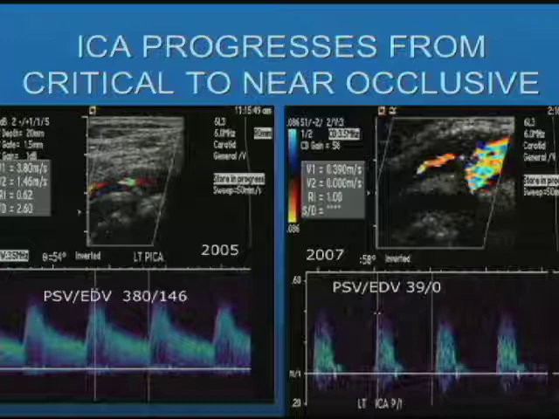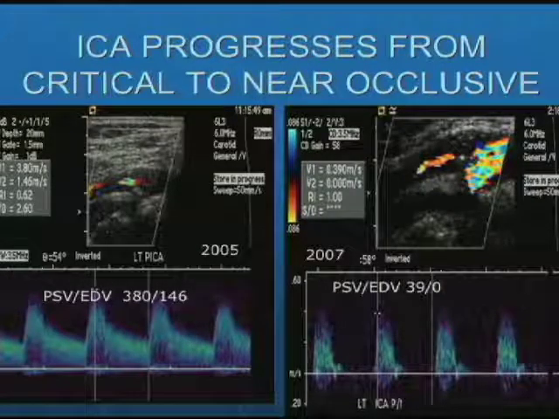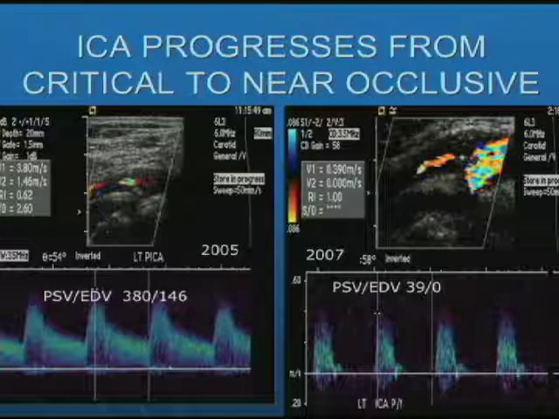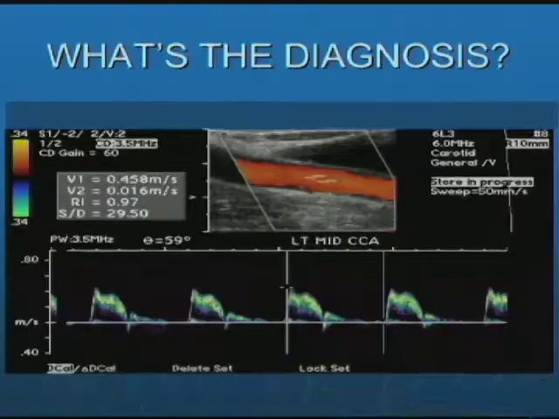So the waveform has converted from an organ flow like waveform with critical stenosis to a dampened resistive waveform, which is the kind of waveform you get before the patient actually occludes the vessel.